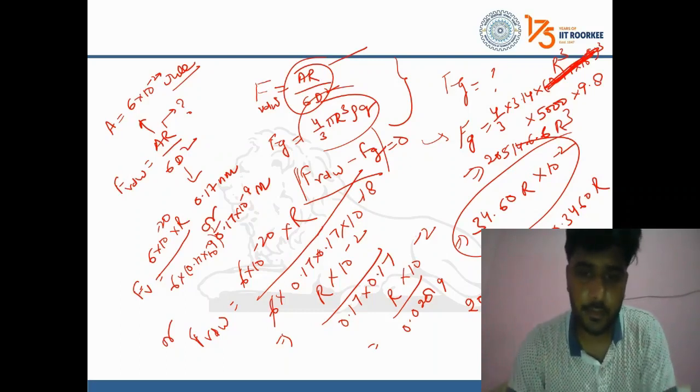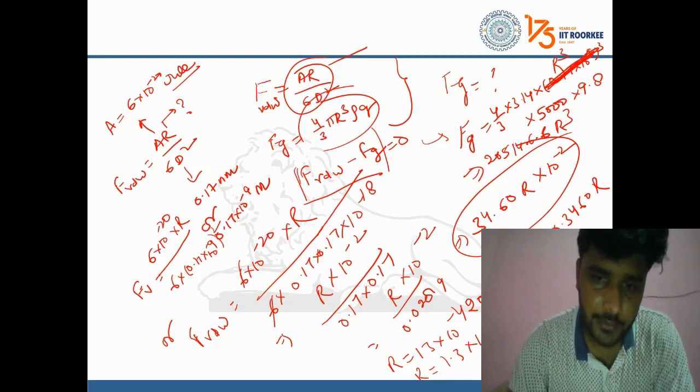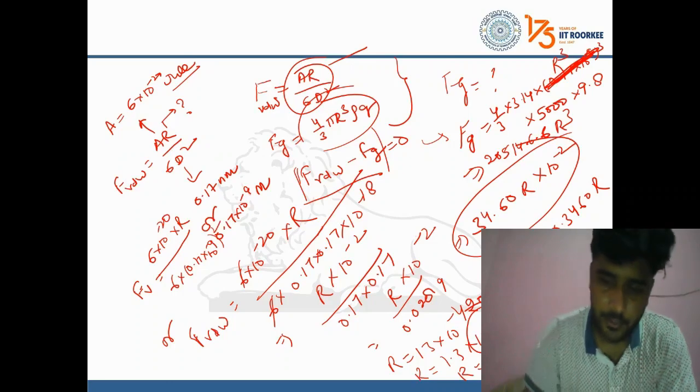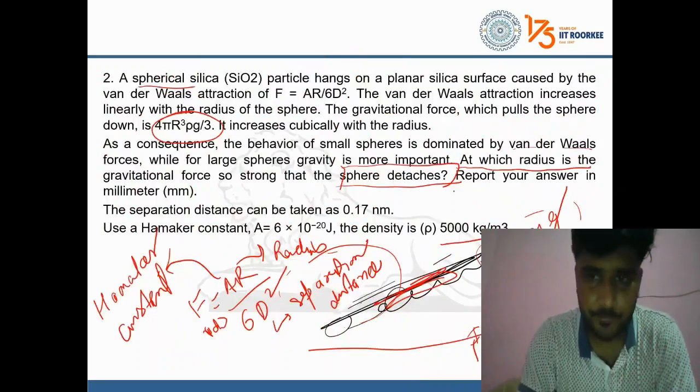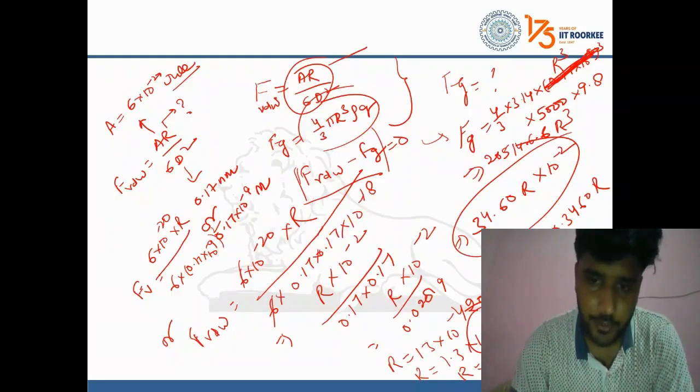So you can say R equal to 1.3 times 10 raised to minus 4, or you can say 1.3 times 10 raised to minus 3. So this is in meter, so you have to calculate in mm. Report your answer in mm. So R equal to 1.3 mm will be the right answer for this.